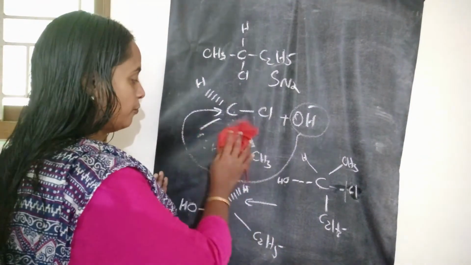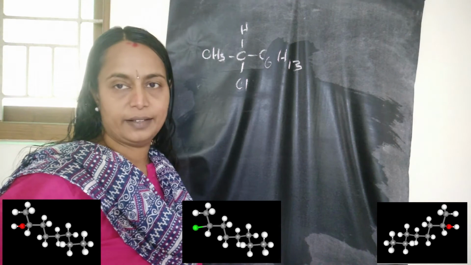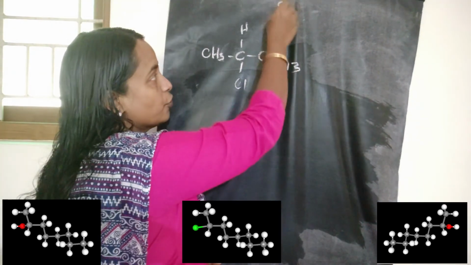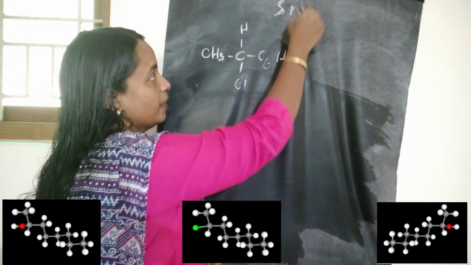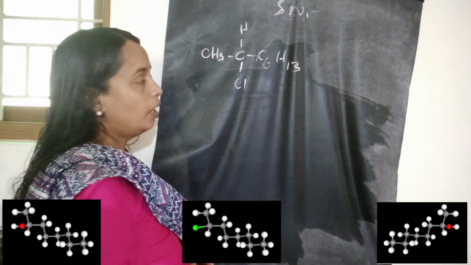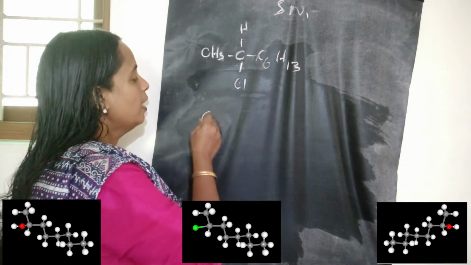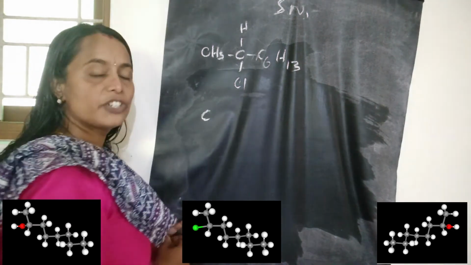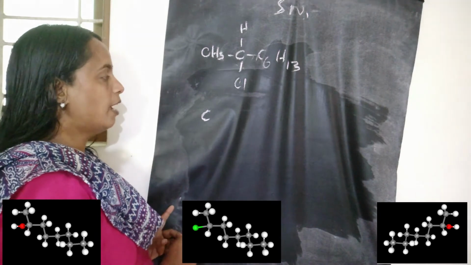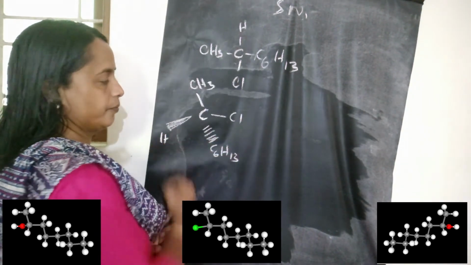But in case of SN1 mechanism, 2-chlorooctane will undergo SN1 mechanism as there is a bulky group present in this molecule, and this carbon is an asymmetric carbon, and we can draw the structure of this chiral molecule as C6H13.